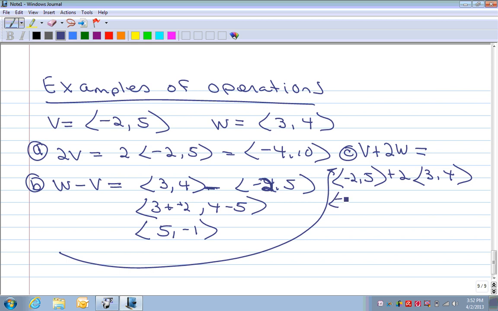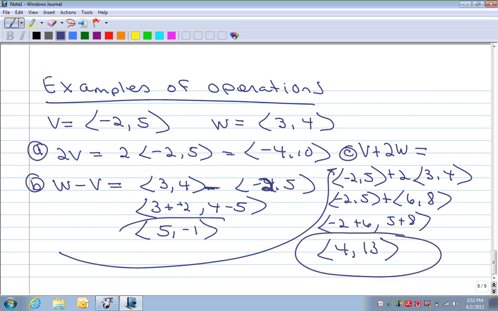So we keep our component form negative 2, 5 for V, and we use our scalar as a multiplier, and we'll get 6, 8. Now we're going to add negative 2 plus 6, and 5 plus 8. And now V plus 2W would be negative 2 plus 6, which is 4, and 5 plus 8, which is 13. And that would be your final answer.